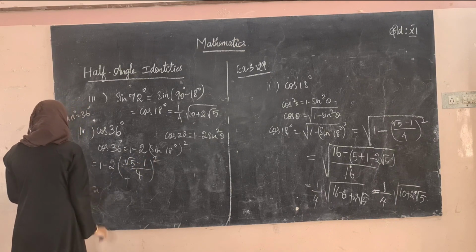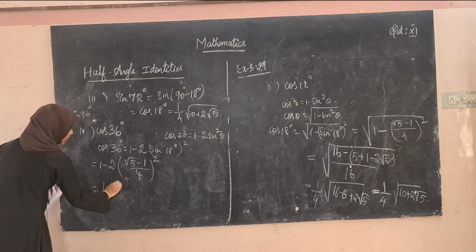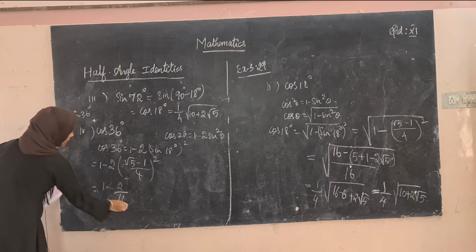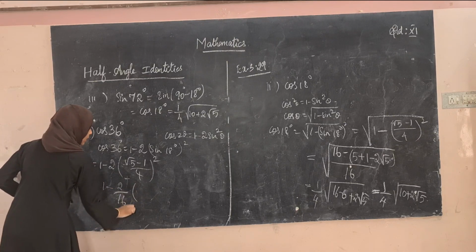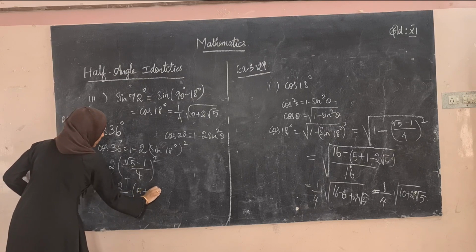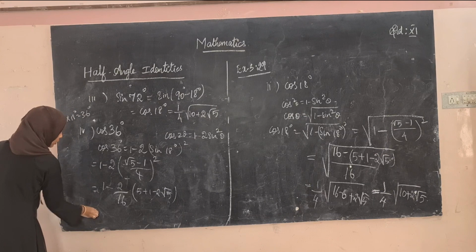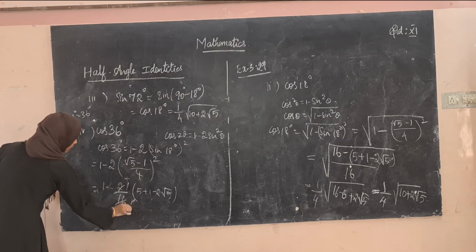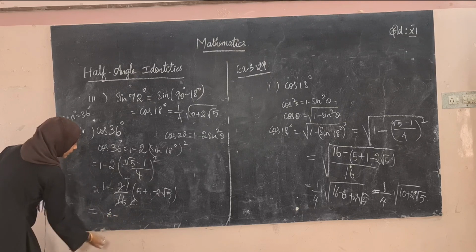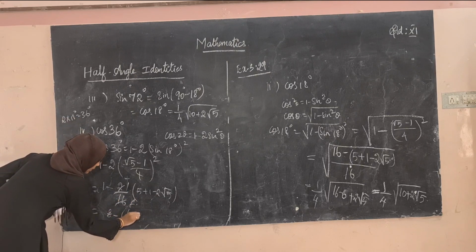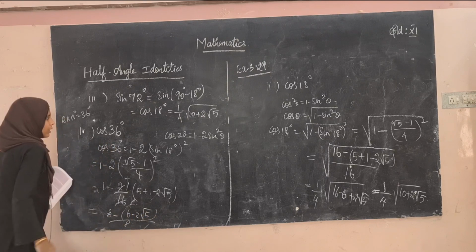So you have to find this. 1 minus 2 divided by 16, right? So this is 16. Here it will be 5 plus 1 minus 2 root 5. So this will be 1 and this will be 8. So 1 minus 6 minus 2 root 5 divided by 8.